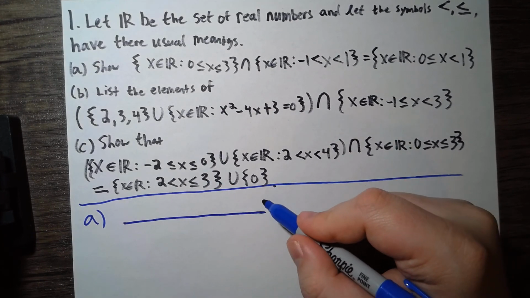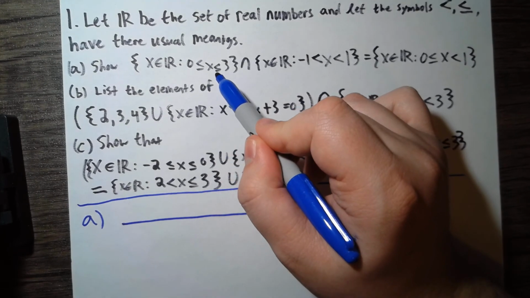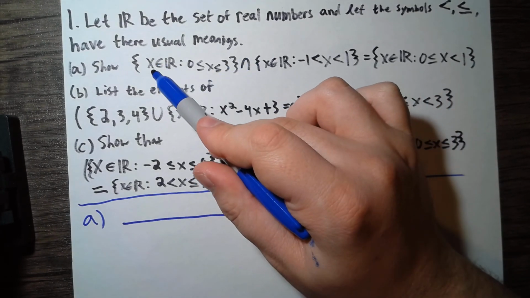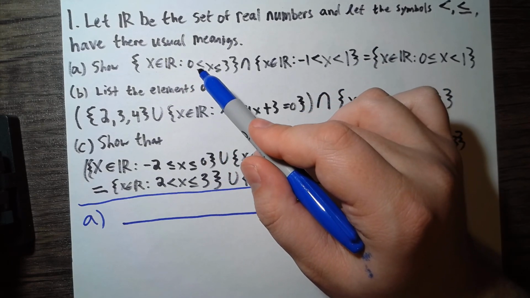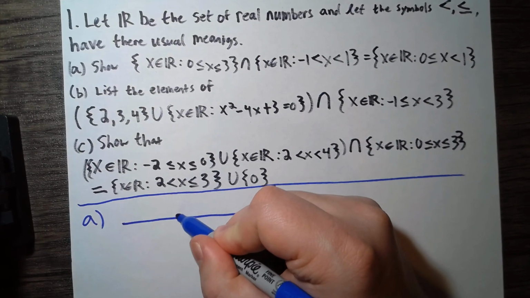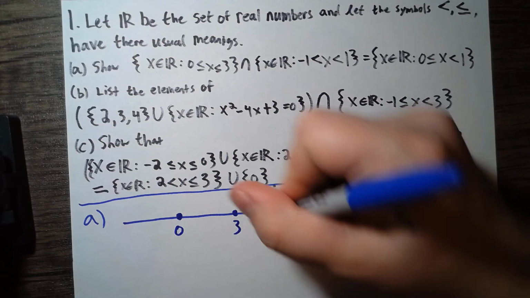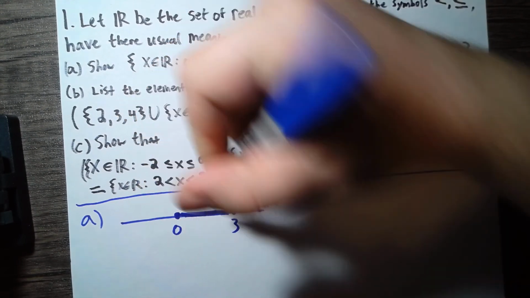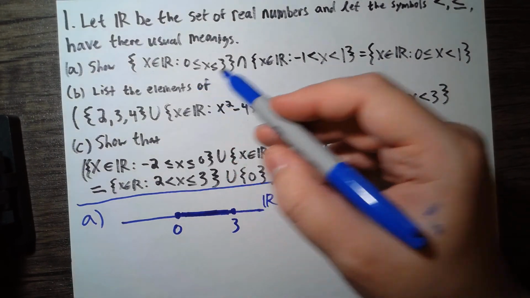So if we think of this as the real numbers, the first set is the set of elements x in R such that x is greater than or equal to 0 and less than or equal to 3. So if this is 0 and this is 3, then everything between there is our first set.